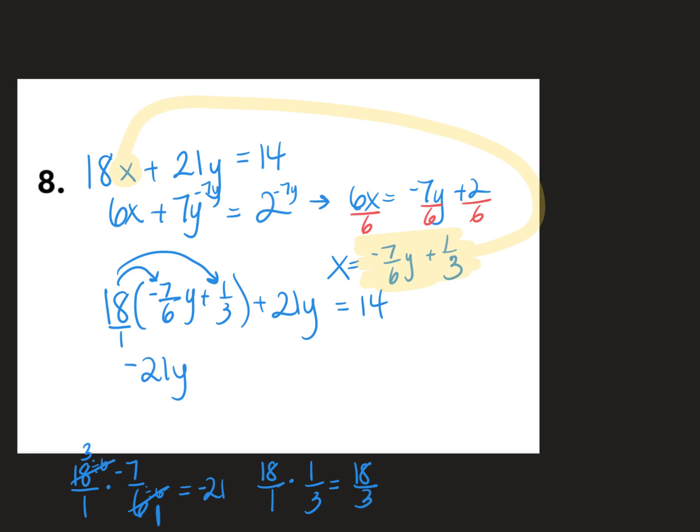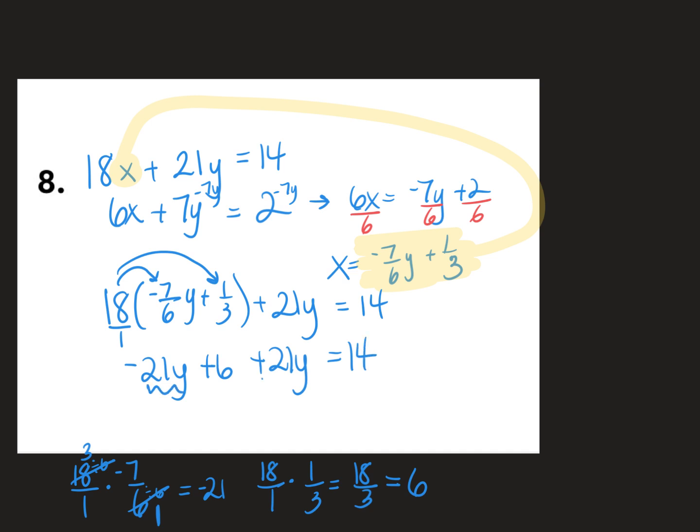If you have a calculator, you could have multiplied 18 times negative 7 and gotten that product, and then 1 times 6 and have that product, and then divide those two. I just did not do that because I don't have a calculator in front of me. And then 18 divided by 3 is 6. So plus 6 plus 21y equals 14.